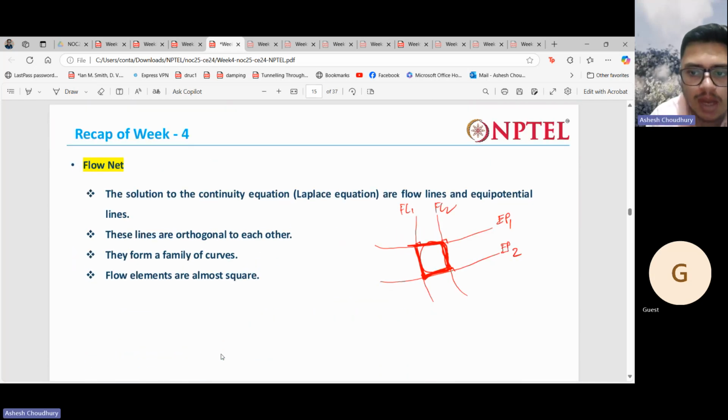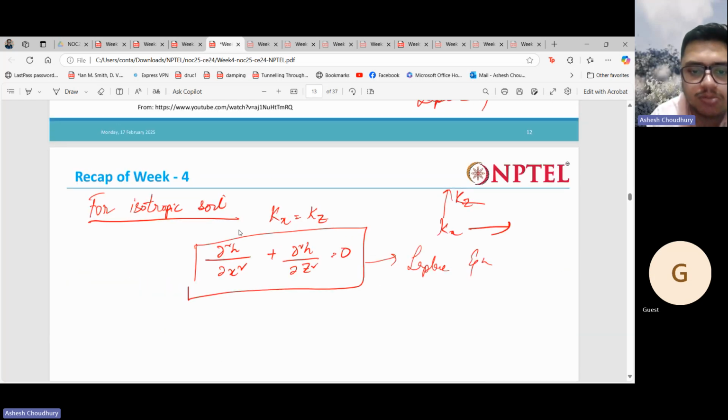Okay. Yeah, so the solution of this Laplace equation is a family of curves.